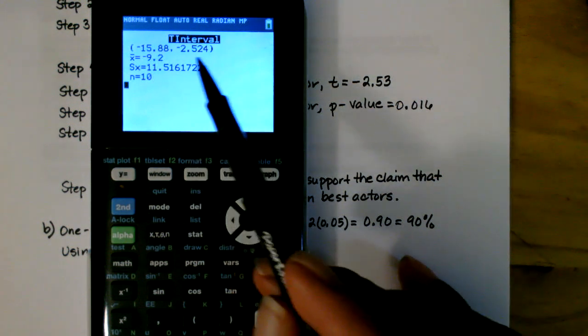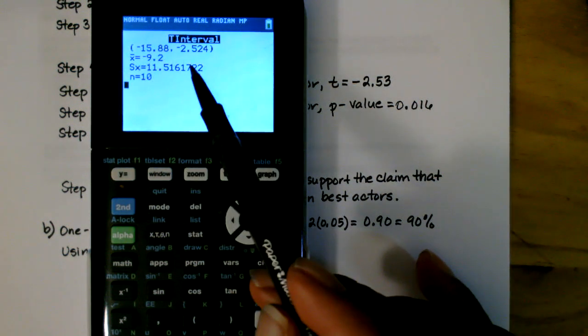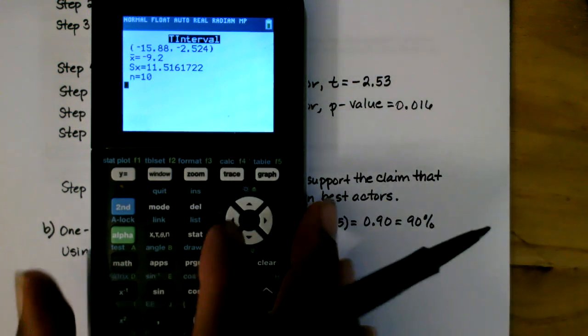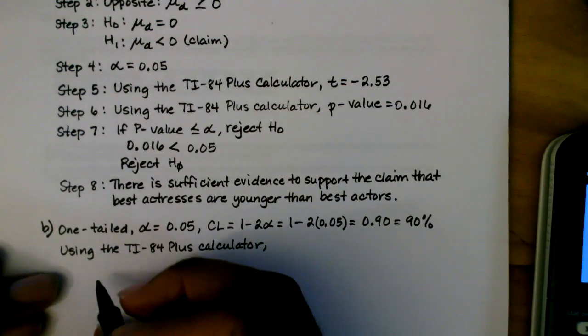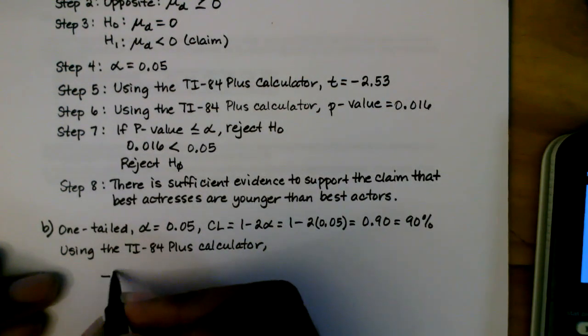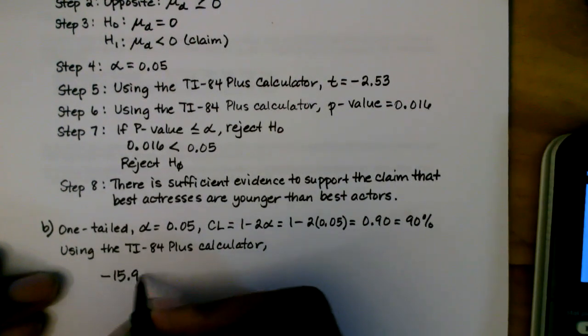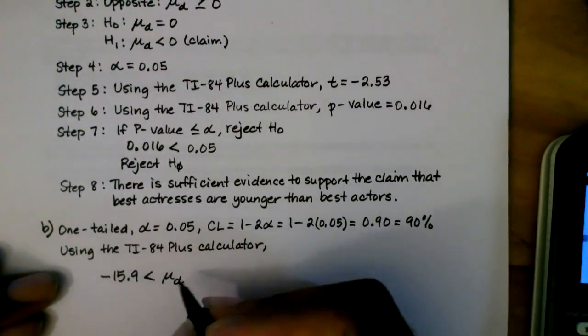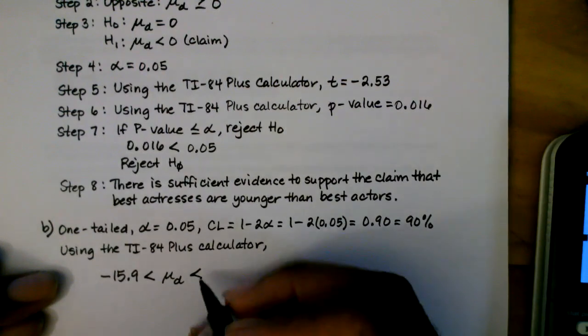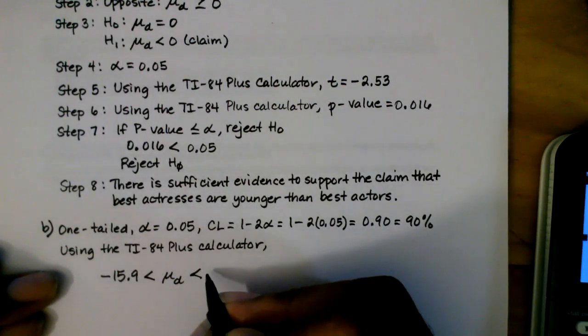Now, let's say these limits, I'm going to round those to 1 decimal place. So the low limit is negative 15.9, less than mu sub d, mu sub d is the center, and less than negative 2.5.